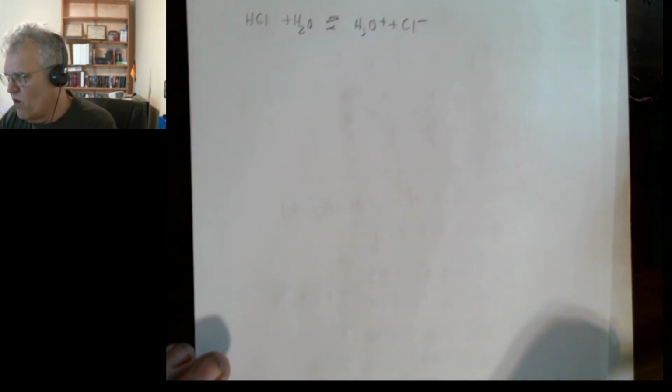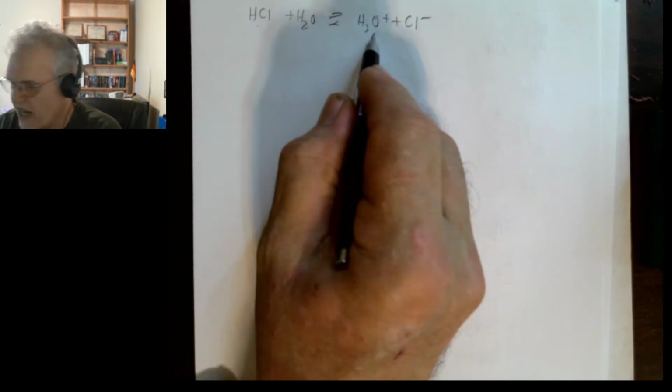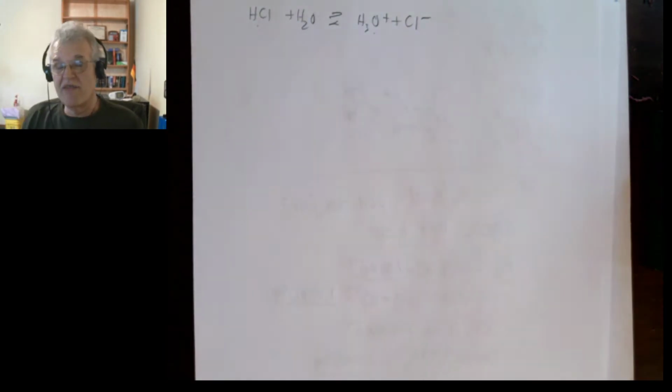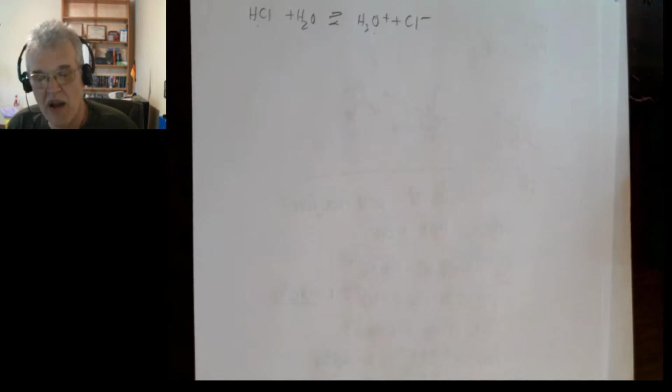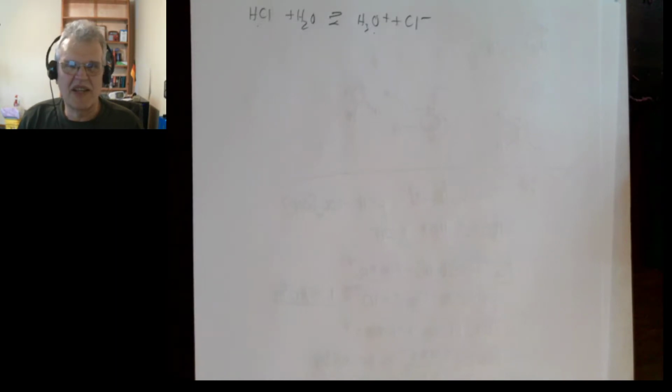For every mole of HCl that goes into solution, I get a mole of hydroniums. Therefore, a solution that's 0.0100 molar in HCl is going to be 0.0100 molar in hydroniums. There's nothing interesting about that.